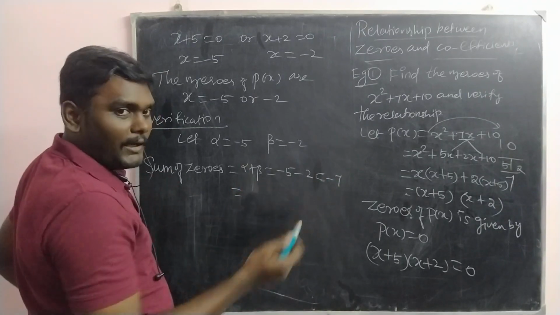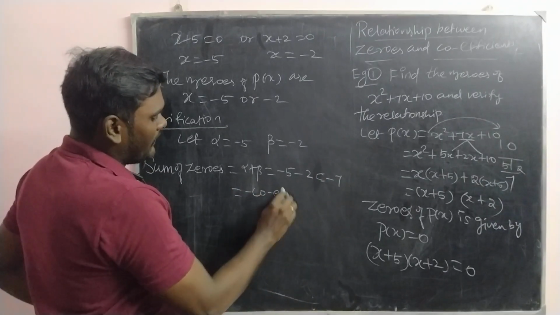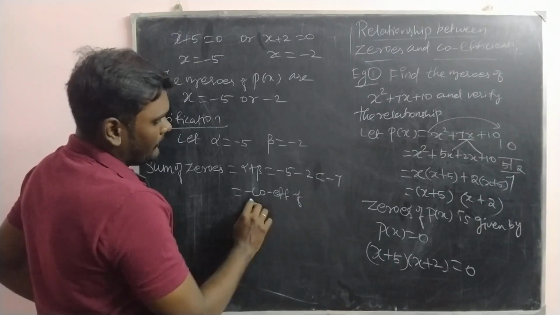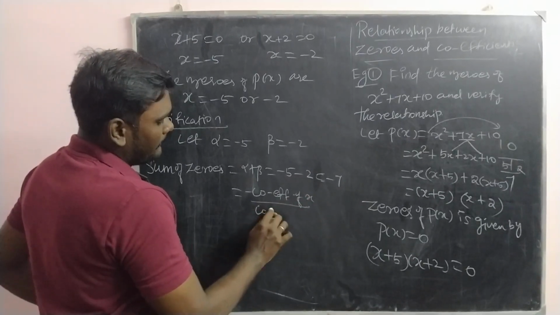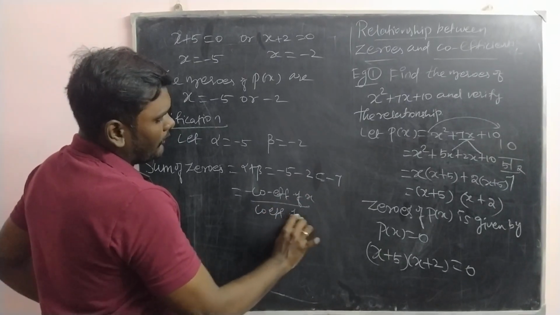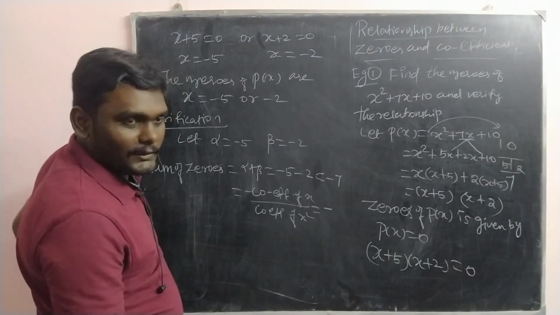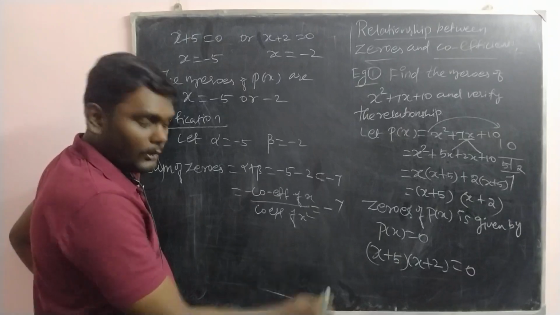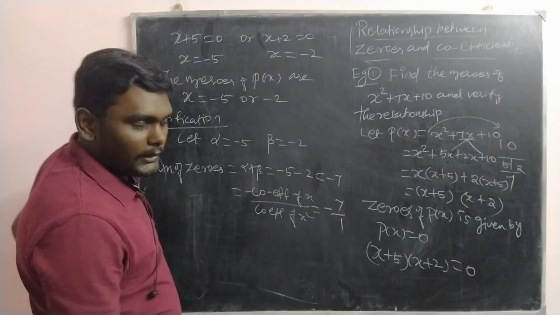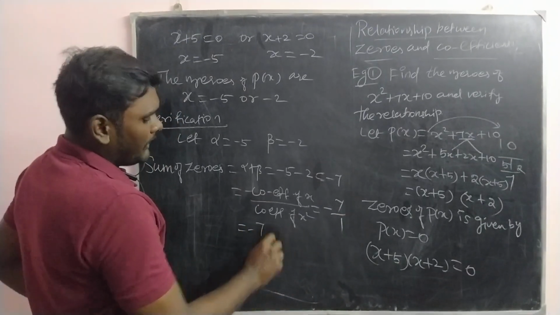And by the formula, you remember, minus coefficient of x divided by coefficient of x square. Minus coefficient of x is minus 7. Coefficient of x square is 1. So that is again minus 7.